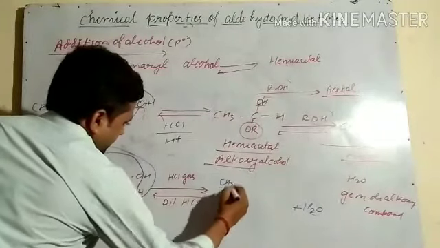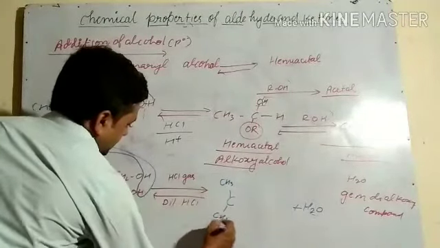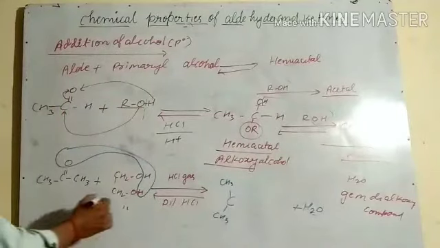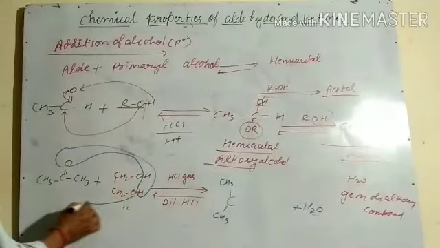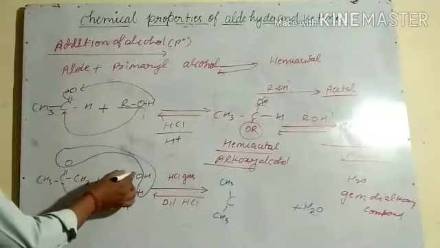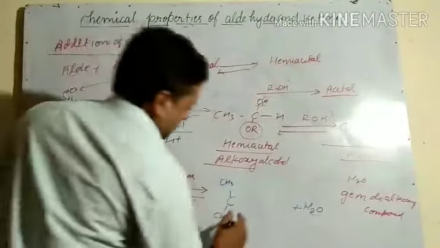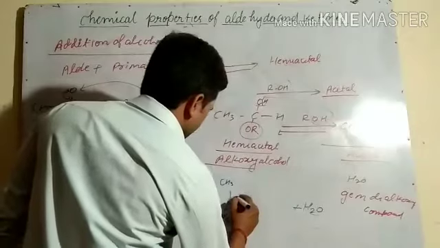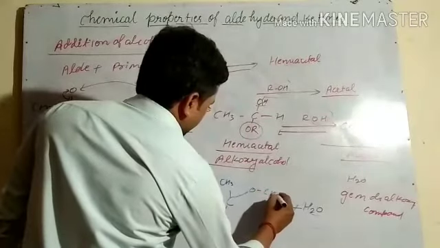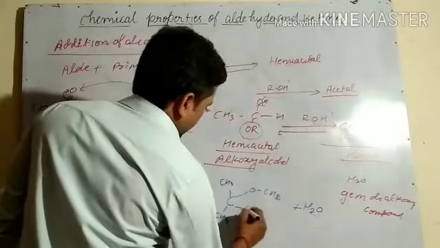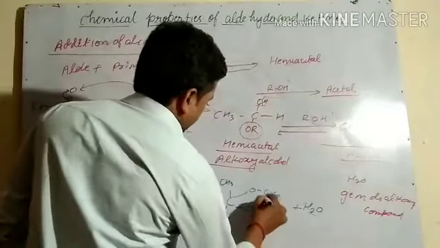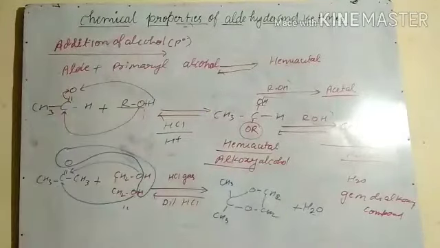I will write this one like this: CH3, CH3, and this group here and that group to there. Okay, so what is the product? Let us see. Like this we can write. It is ethylene glycol.